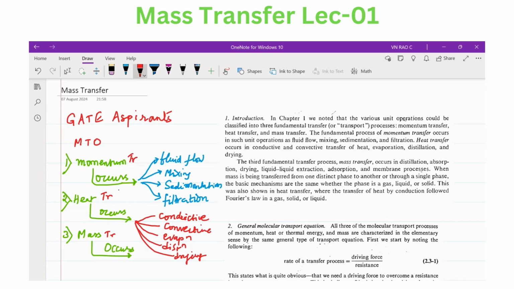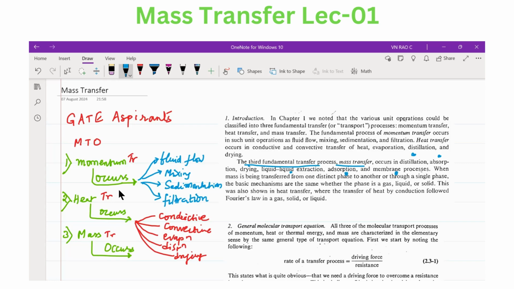Now the third one, mass transfer, occurs in distillation, absorption, drying, liquid extraction, adsorption, and membrane processes. I am trying to pronounce adsorption carefully as adsorption, because there is a very significant, fundamental difference based upon the principle of operation.